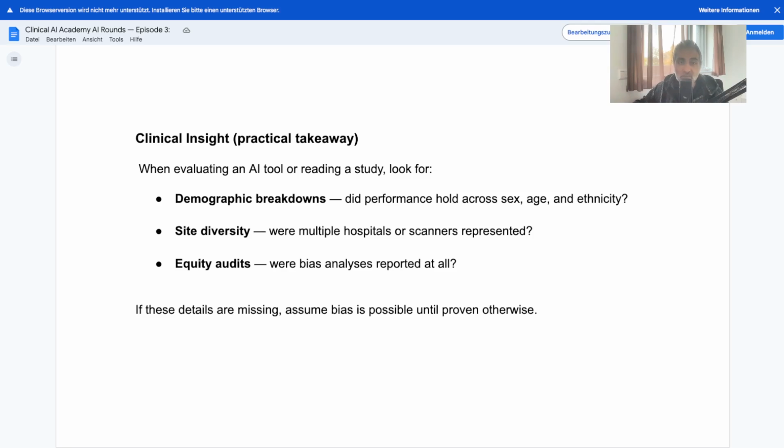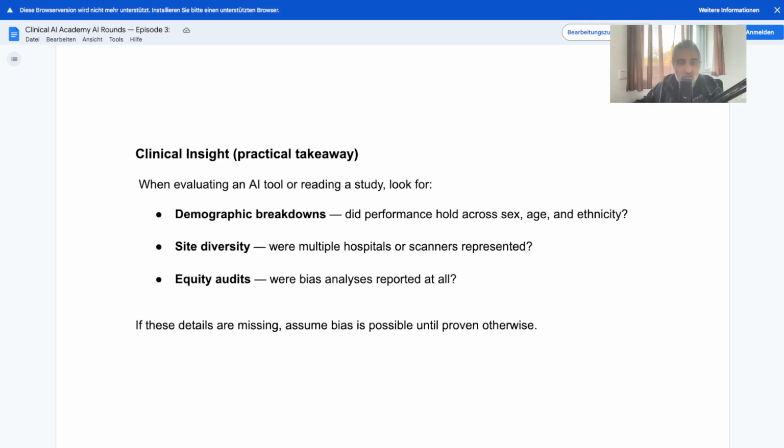And equity audits: was bias analysis reported at all in the paper or in the brochure of this AI tool? If these details are missing, assume bias until proven otherwise. So it's not something to take lightly. Inclusive data is a prerequisite for clinical accuracy and for clinical readiness of AI tools.